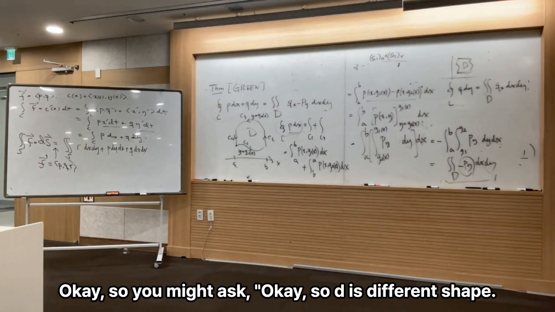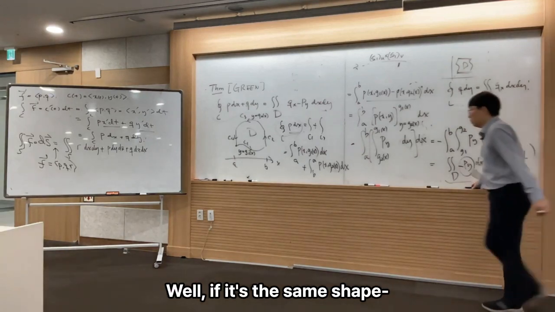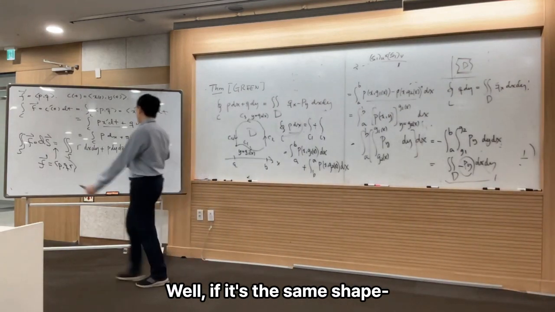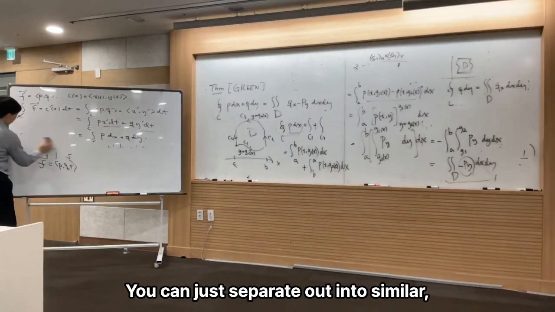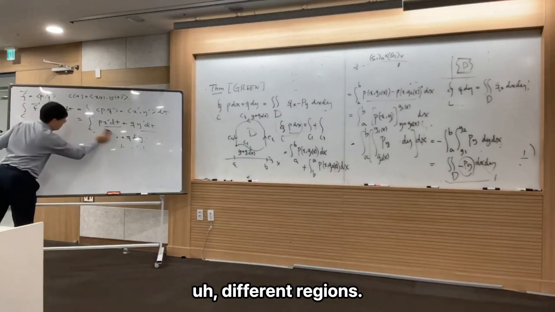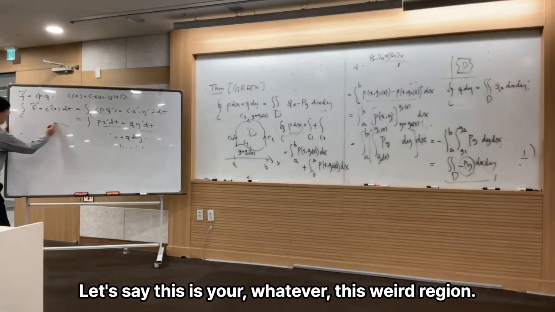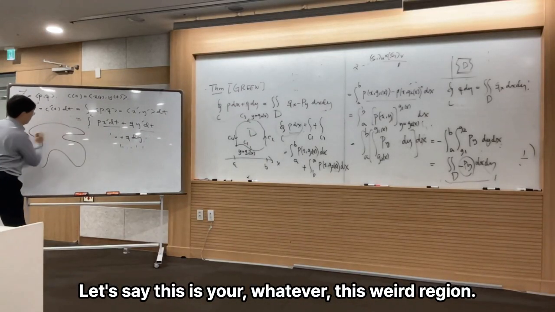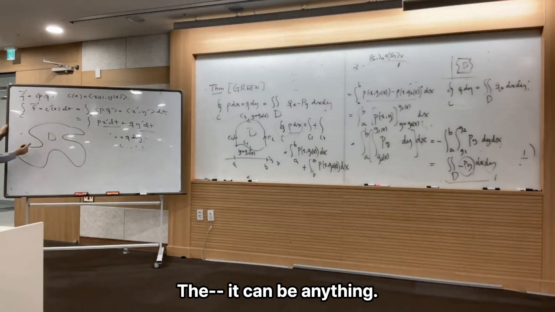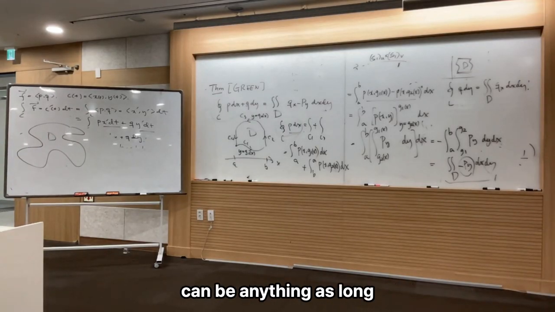Okay, so you might ask, D is a different shape. How can I do that? Well, if it's a different shape, you can just separate it out into similar, different regions. Let's say this is your weird region. It can be anything. I'm saying that the curve can be anything as long as it's closed.